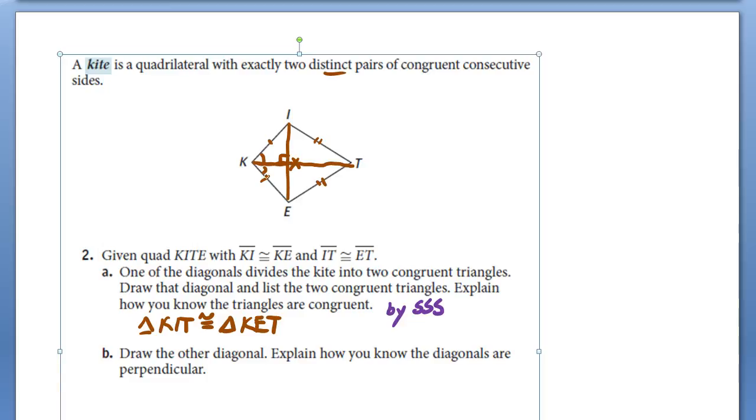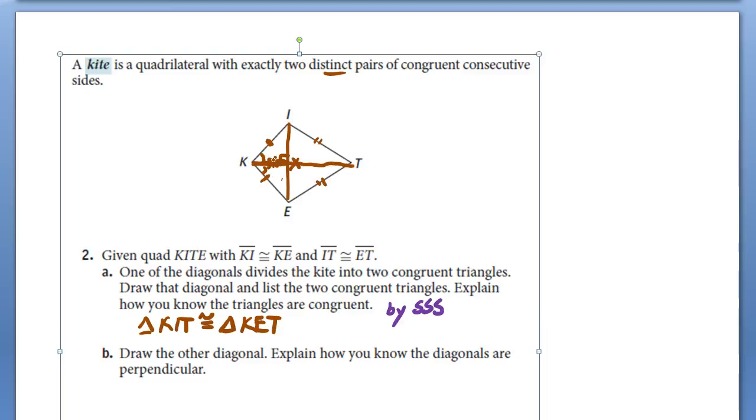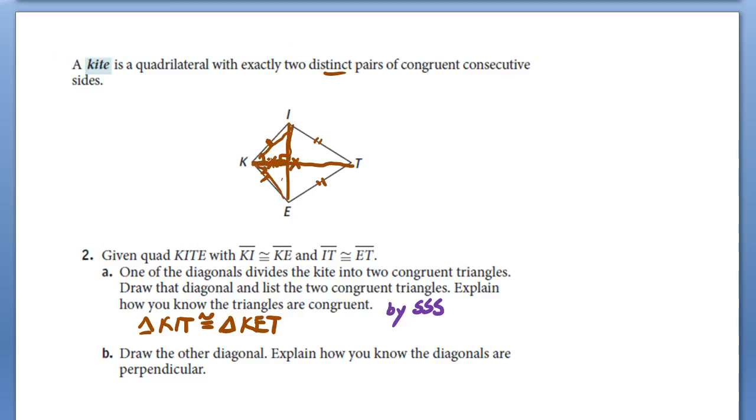We know already that this side here with the single tick mark is congruent to that side. And then looking at this short segment here, it's being shared between this triangle and this triangle below. It's congruent to itself. I'm going to mark that with a little X. So we have kind of like side, angle, side here to explain why this triangle is congruent to this triangle.